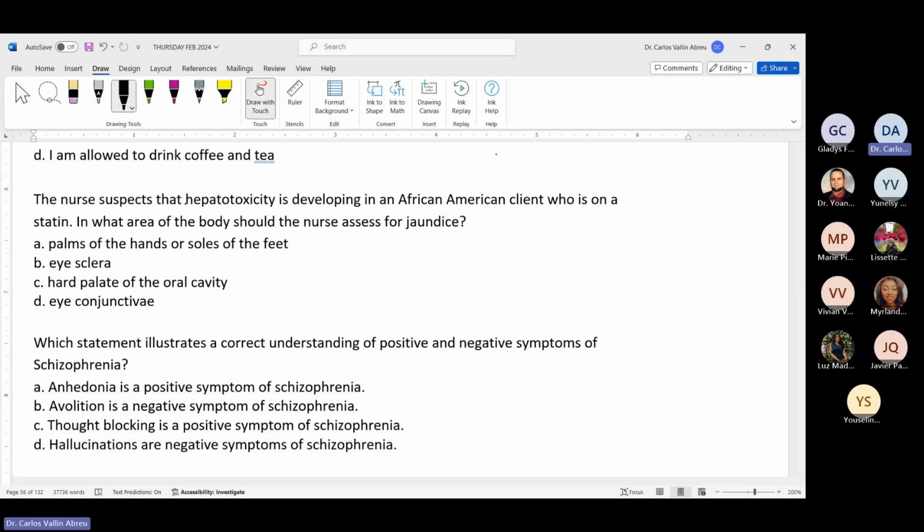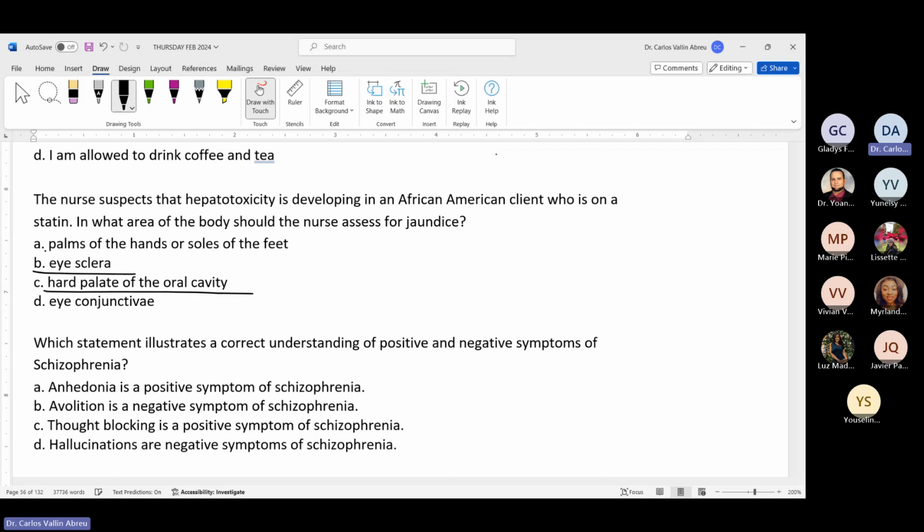The nurse suspects that hepatotoxicity is developing in an African American client, a black client, who is on a statin. In what area of the body should the nurse assess for jaundice? It's a classical assessment question: in black clients, the correct site to assess for jaundice and for anemia is the buccal cavity.